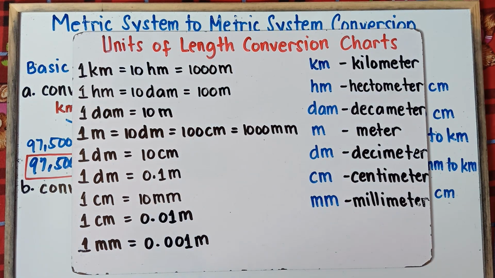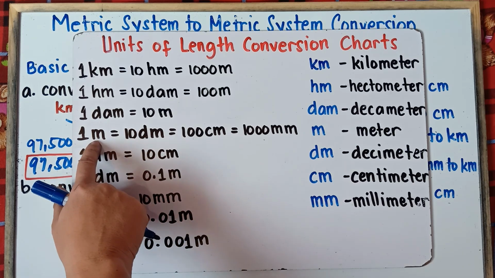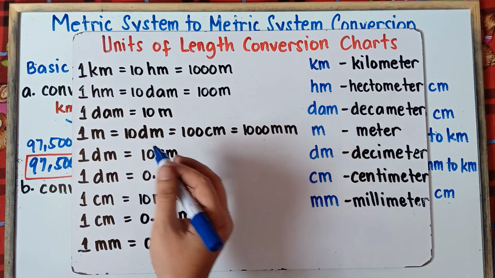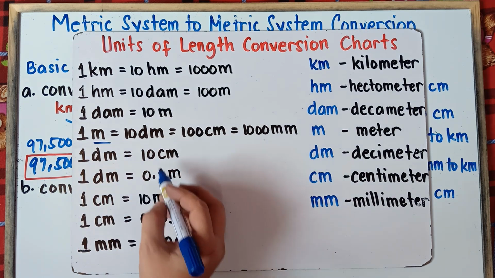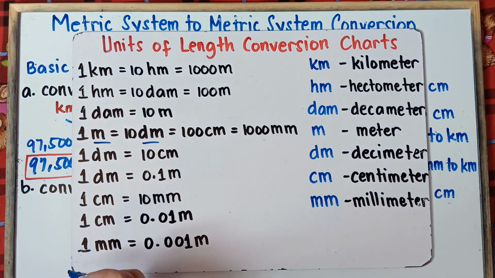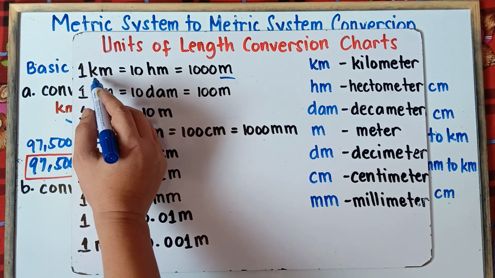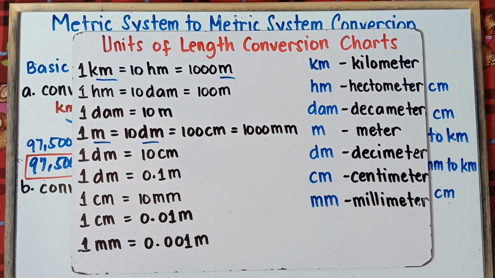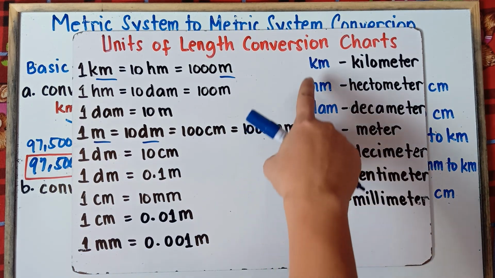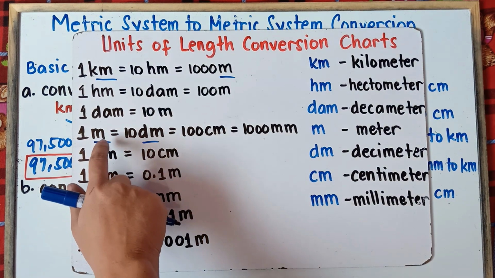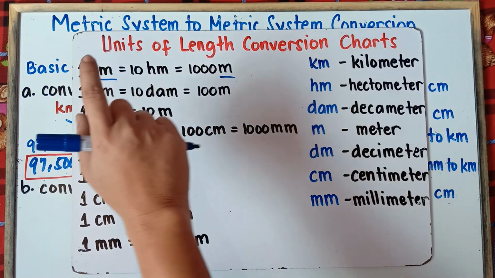So we need to convert decimeters to meters, and then meters to kilometers. 1 meter is equivalent to 10 decimeters, and 1,000 meters is equivalent to 1 kilometer.